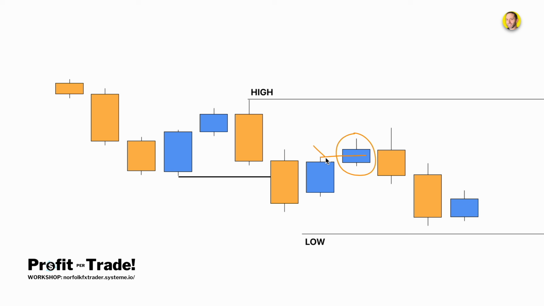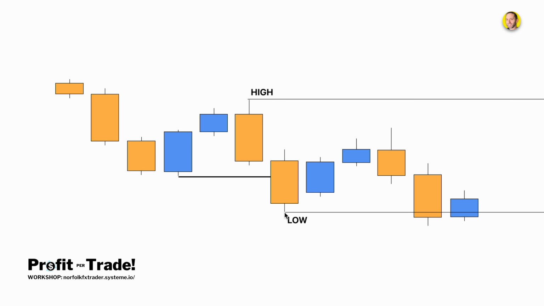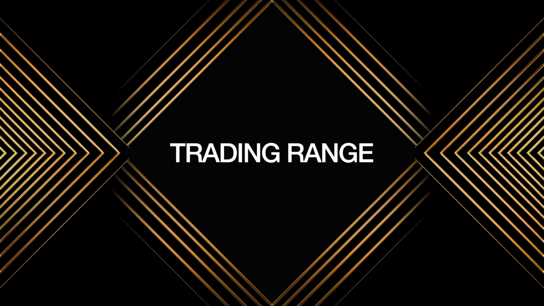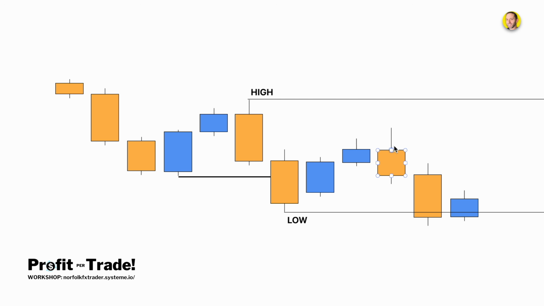This closes above this previous candle's high, and that creates a valid low to be marked. Now, the valid low will be marked from the lowest point, again, from this low in the market. So from this high to this low, it gives you your trading range in the market, where you expect a potential pullback continuation.